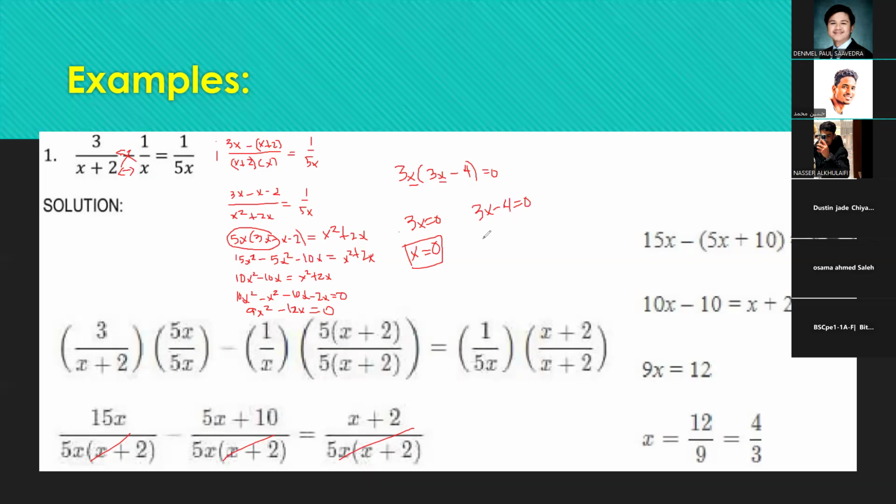Okay? So transpose everything on the right side that is not needed. So it's equal to positive 4. So therefore x is equal to 4 over 3. Okay? Yeah. So my bad. So you can also do this one, since that would give you the same answer. So this way, or using this way by getting the single common denominator.